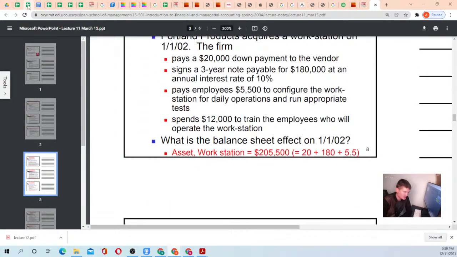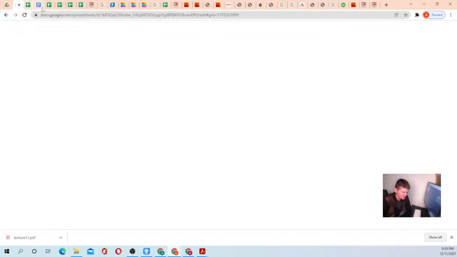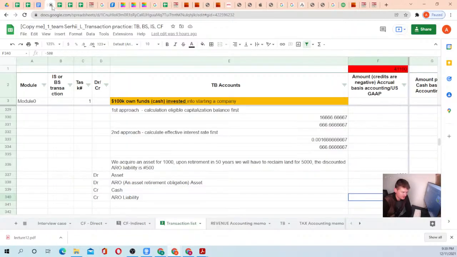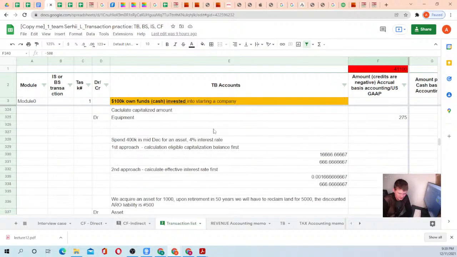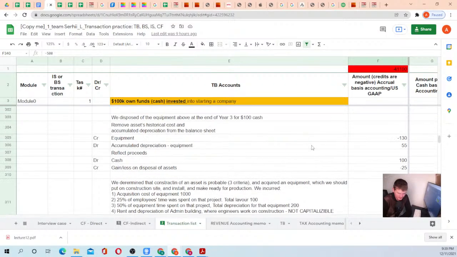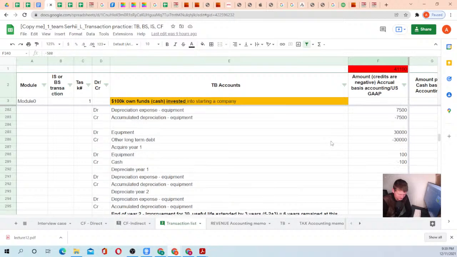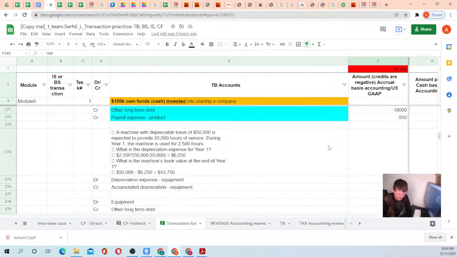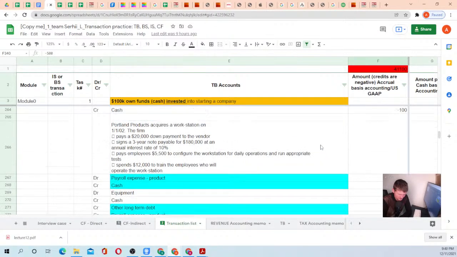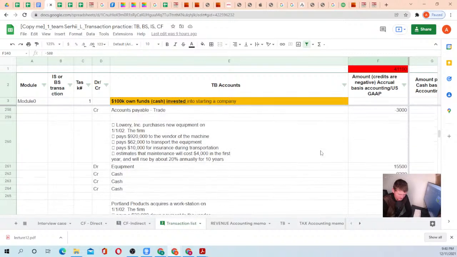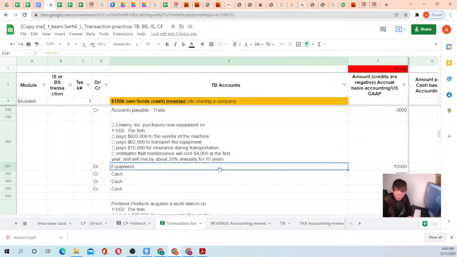And to purchase assets, let's see. I did that example here. Equipment, payroll expense. Yeah, probably that one.